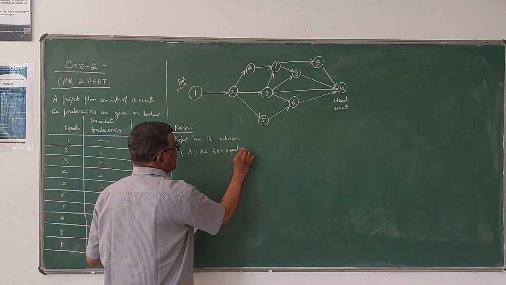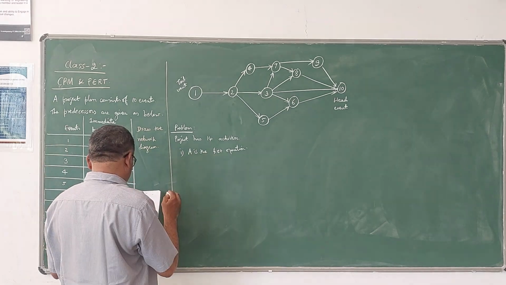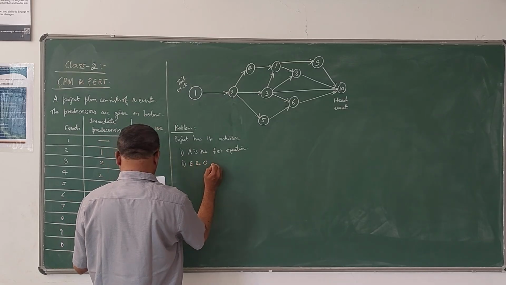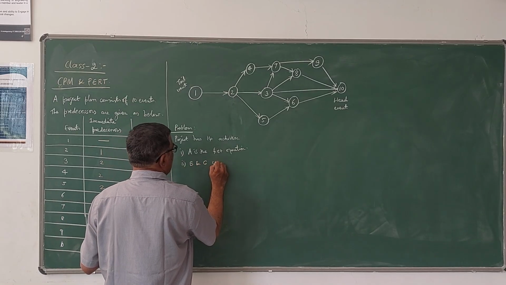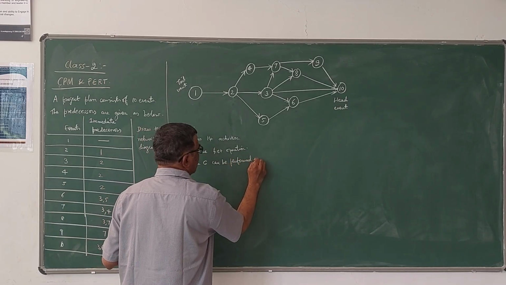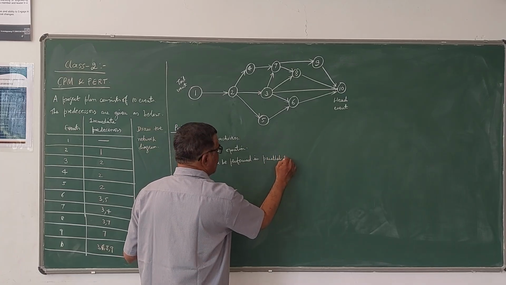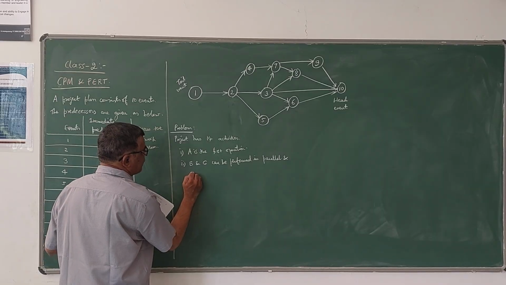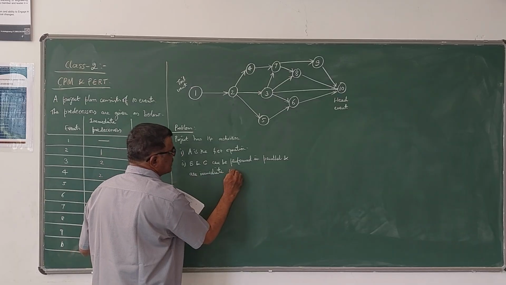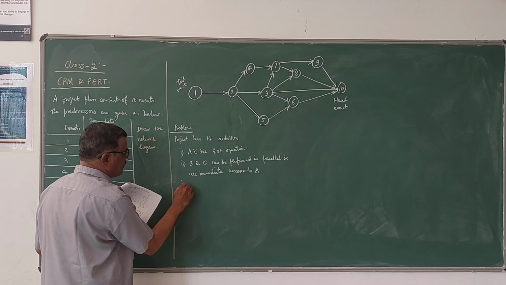First operation is A, that means the first event is A. B and C can be performed in parallel. That means together, simultaneously, and are immediate successors to it.